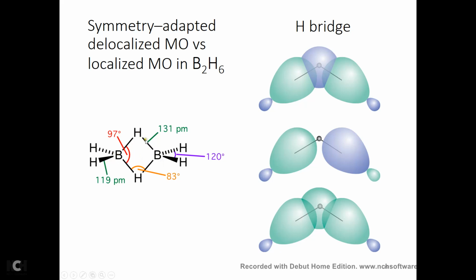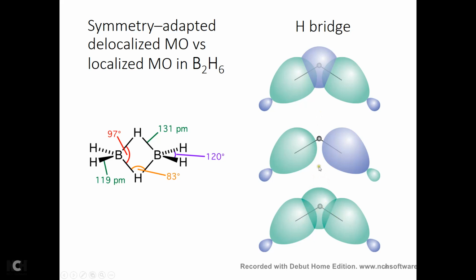So if we look at the MOs of this molecule, they have this bridging hydrogen atom, just one of the two bridging atoms, with constructive interference with both boron atoms, and there's zero nodal surface.